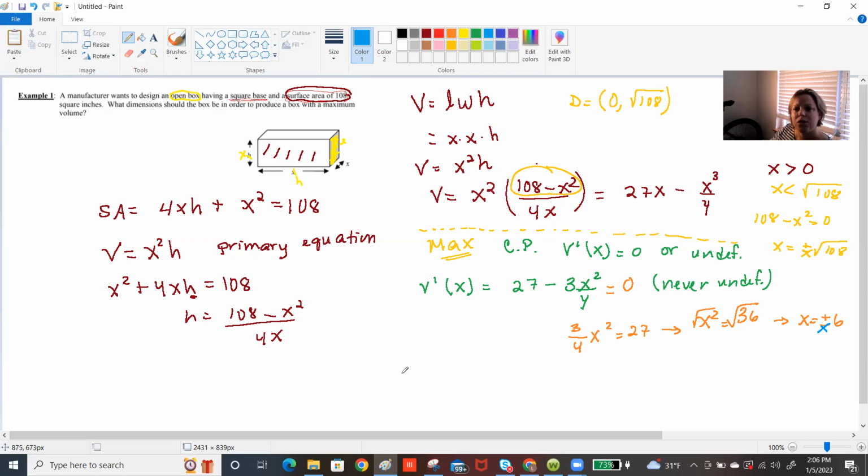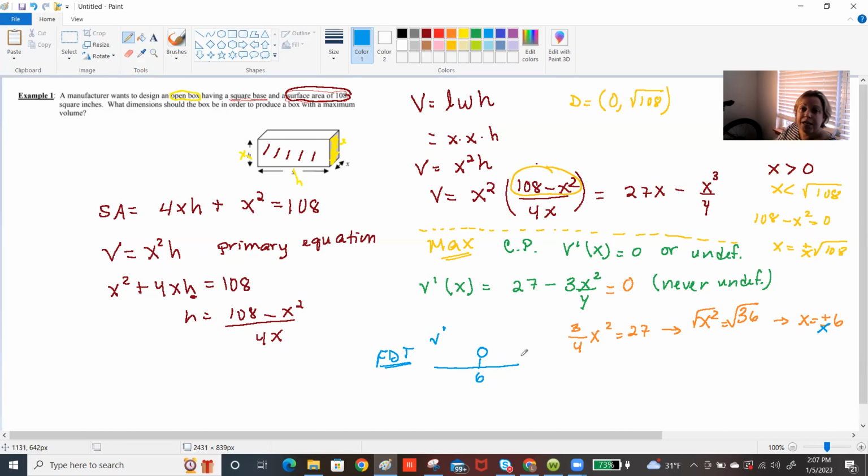We can decide to do the first derivative test or the second derivative test. I am going to do the first derivative test, but remember, we should always practice both. And I'm going to use my number line. So this is 6, here it's 0, and this is v prime.